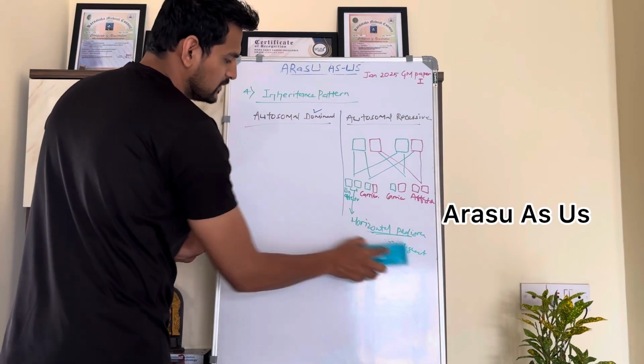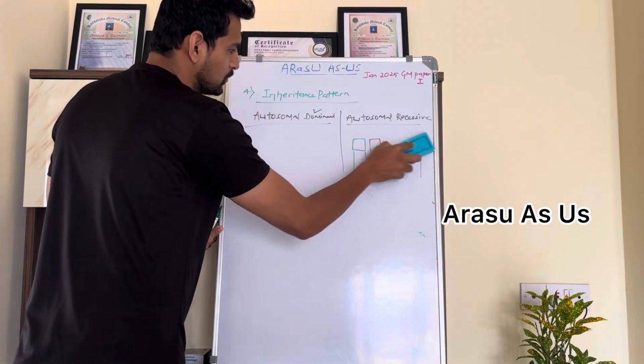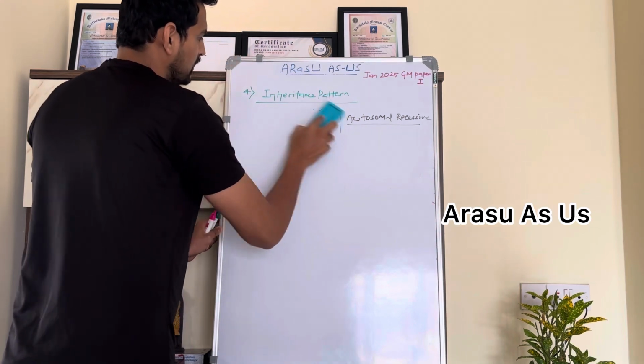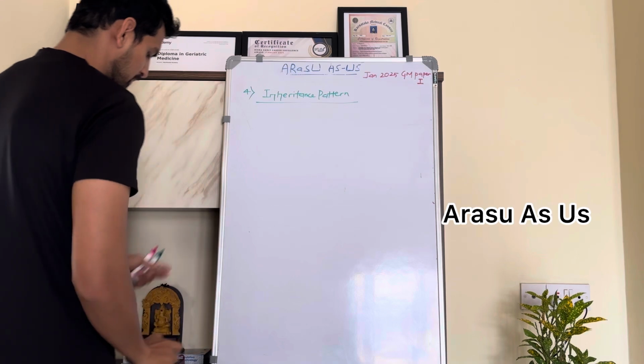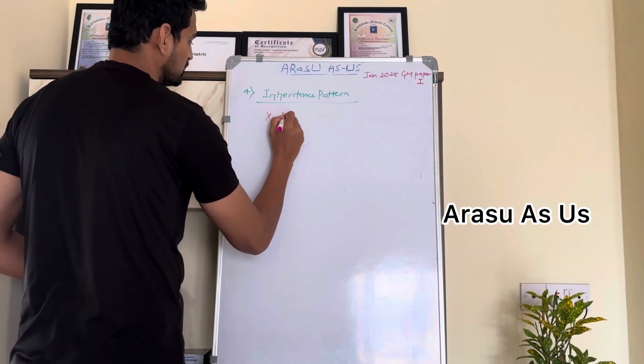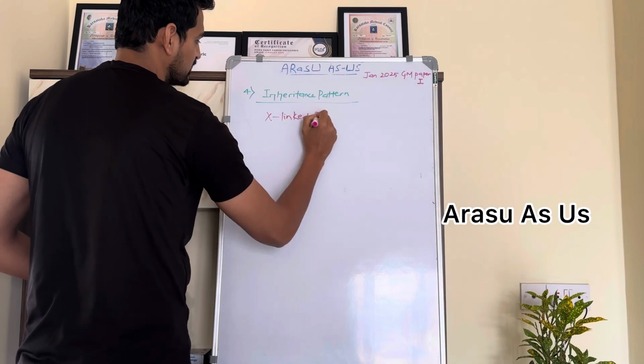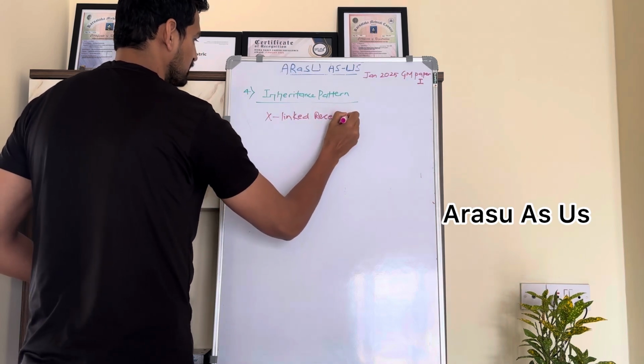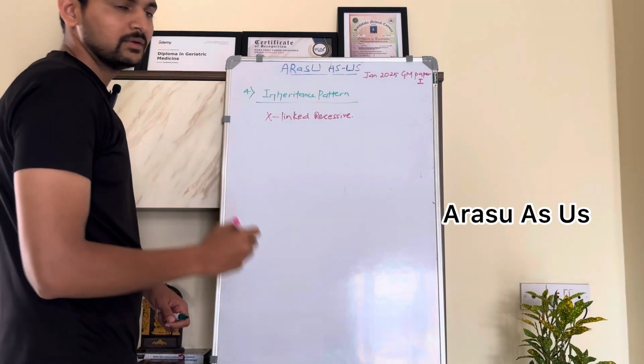Coming to X-linked disorders, here you know that in X-linked disorders, this will be male dominant mainly. Mainly we will discuss X-linked recessive disorders, because X-linked dominant are very less common to see.